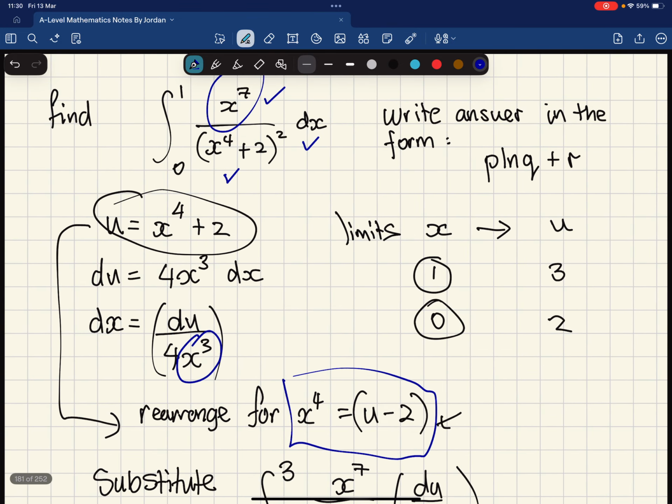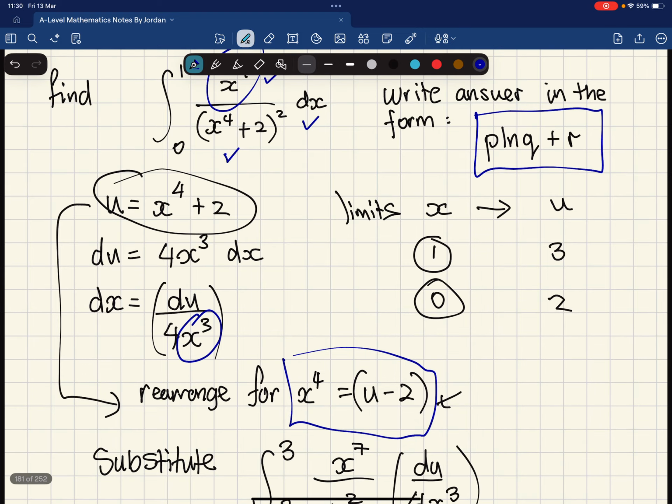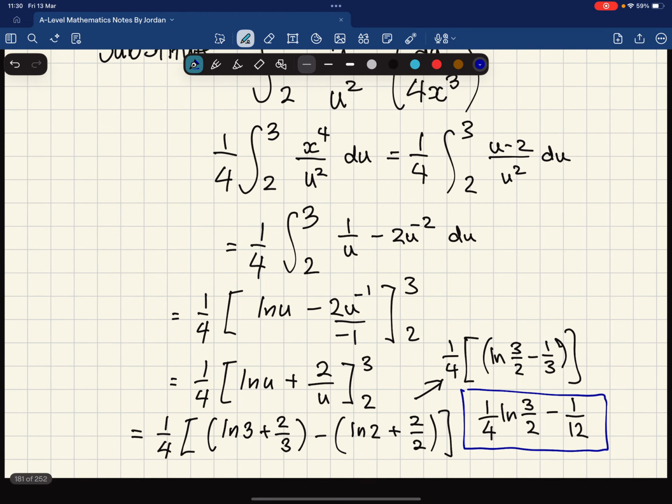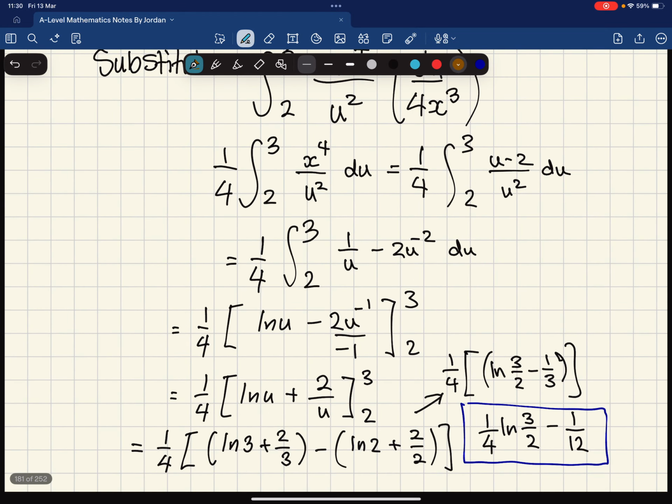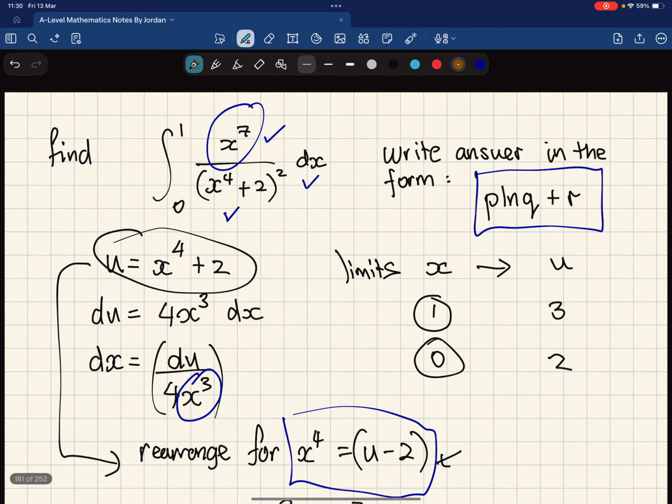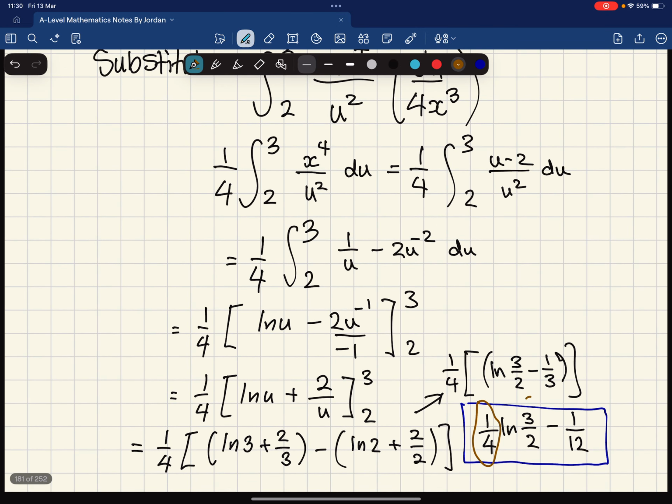They did say they wanted it in the form P ln Q plus R. So what you should notice is that is your P, that is your Q, and that is your R. So P, Q, R. There we go.